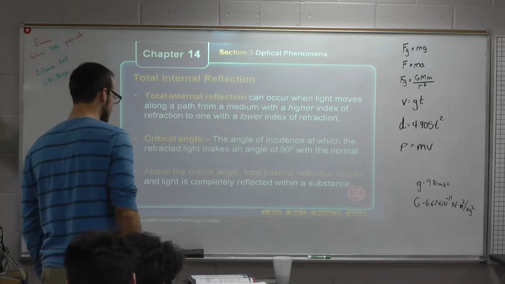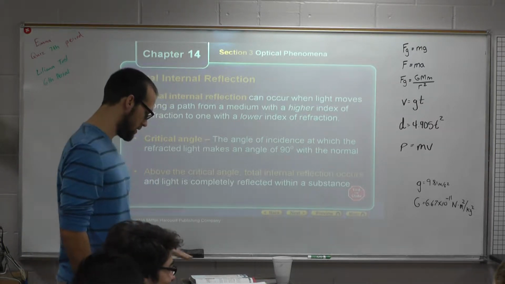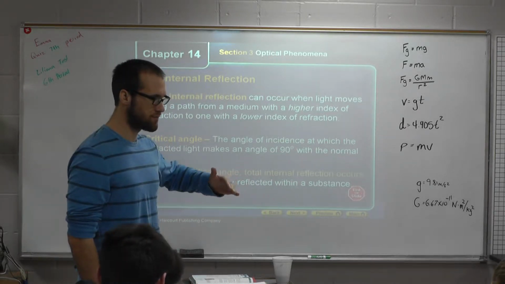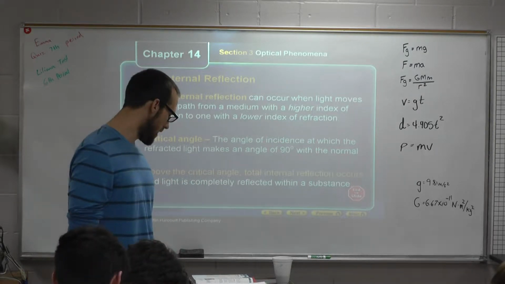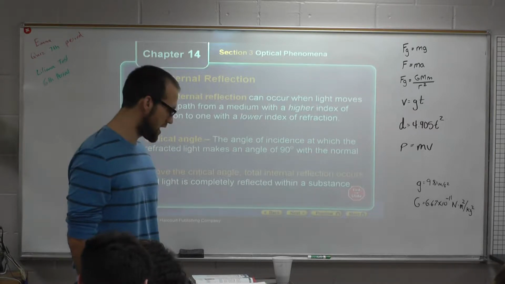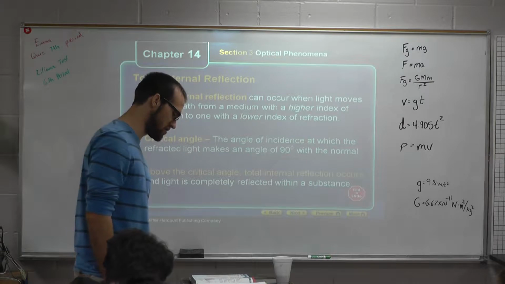What you get, and you can kind of see at the bottom of this visual here, it shines light at various angles. Okay, you see the visual at the bottom, everybody? Yes. Okay, if you shine straight up, it doesn't bend at all. It just goes straight. If you start shining it at an angle, it starts to bend.